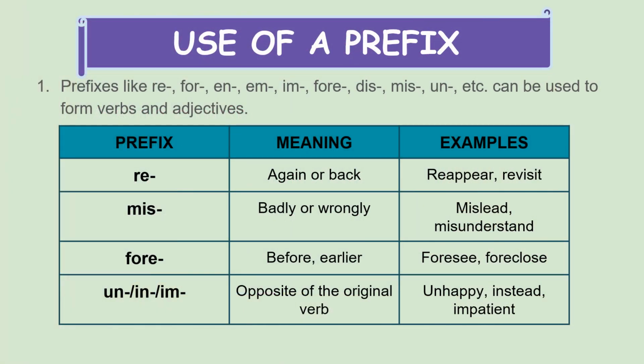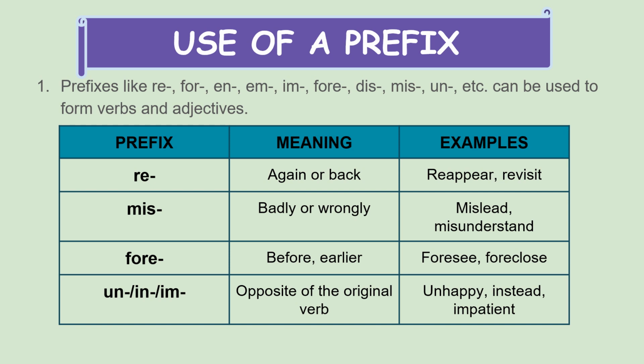Now, as we have understood the definition of prefix, let's understand its uses as well. And the first use says prefixes like re, for, n, m, im, for, dis, miss, un, etc. can be used to form verbs and adjectives.